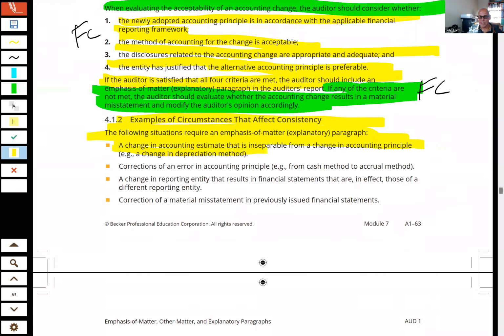Let's say an entity is using declining balance depreciation, say double declining balance depreciation. When a company uses double declining balance depreciation, if you look at the mathematics of declining balance, they're saying to you that this asset depreciates what? Quickly in its early years and slower in its later years.